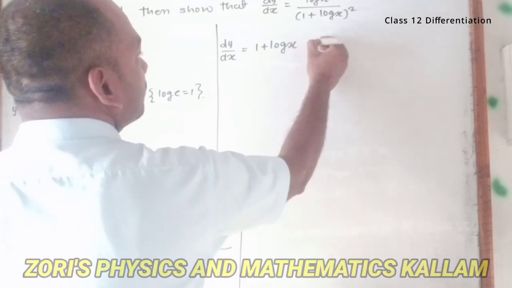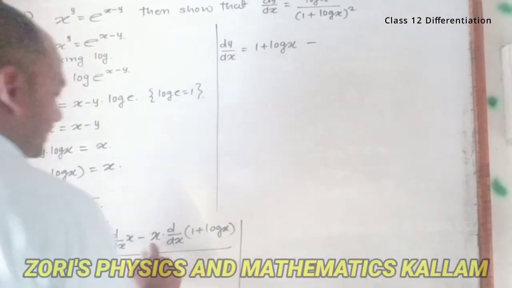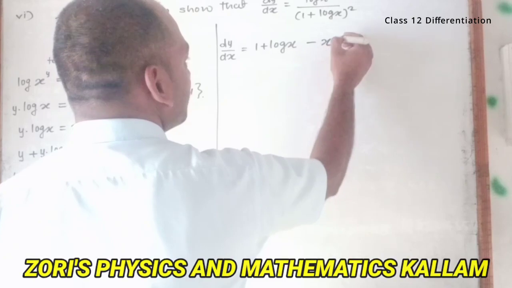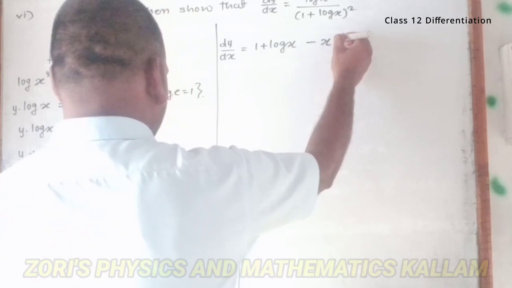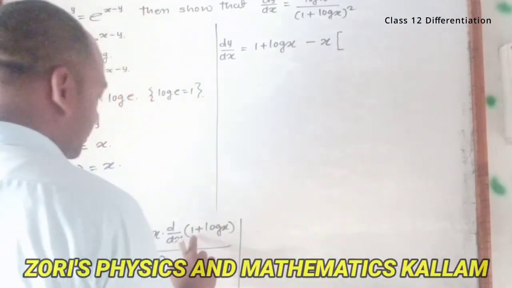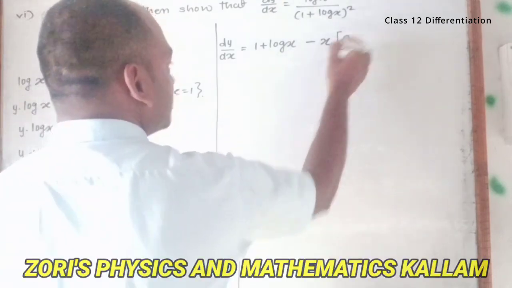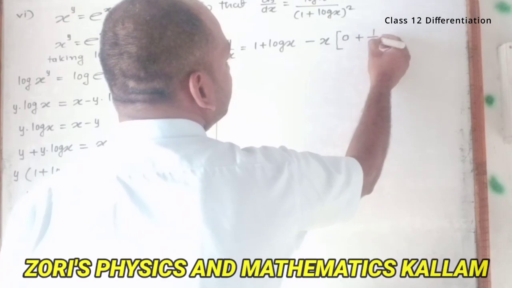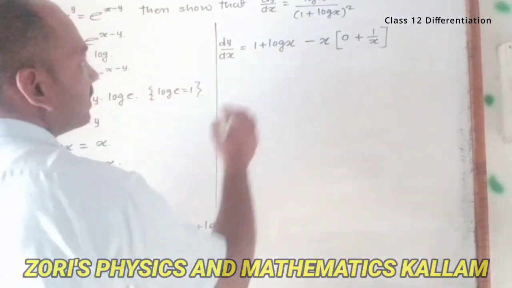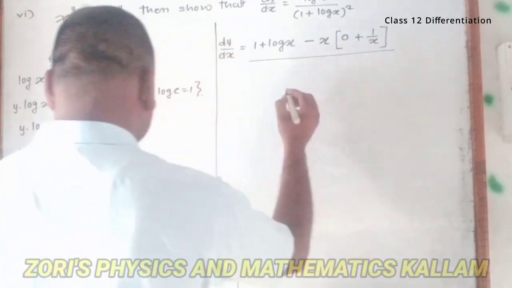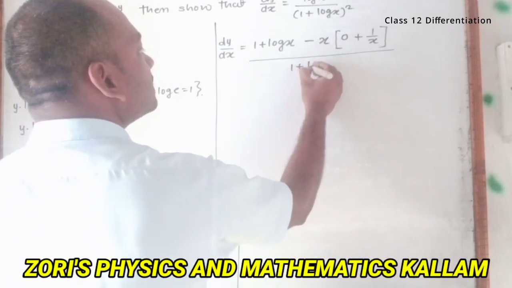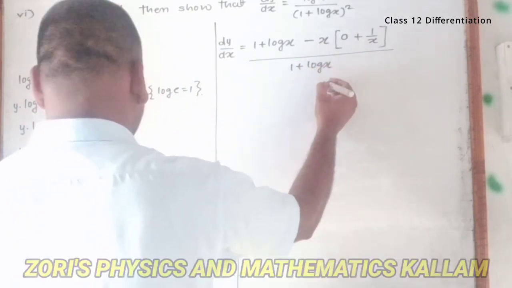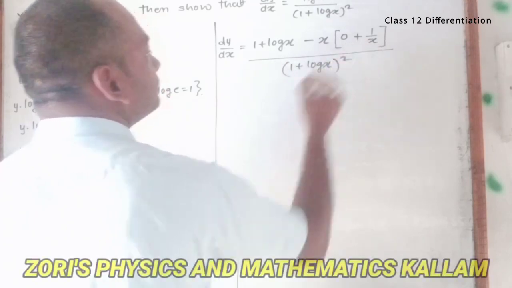Now minus x as it is, times in bracket the derivative of 1, which is 0, and the derivative of log x, which is 1/x], total divided by (1 + log x)².